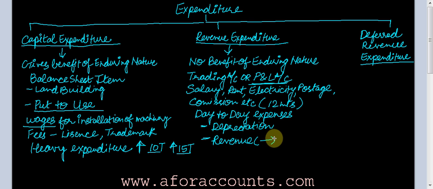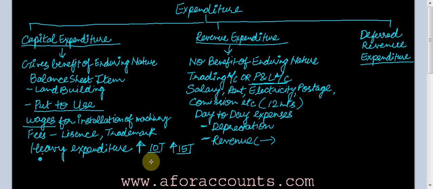But if I install a full system so that the manager's office is totally air conditioned and some system is put in place, then that will be of the nature of capital expenditure. See, custom duties paid or some taxes paid for import of machinery. Now generally taxes occur again and again, so you can term them as revenue.